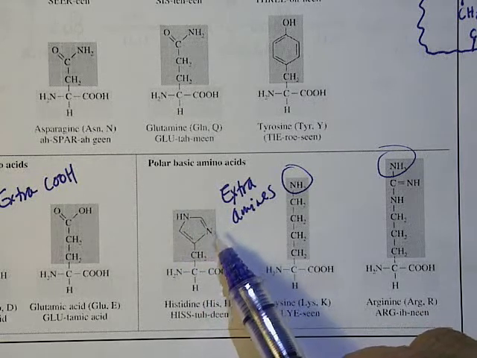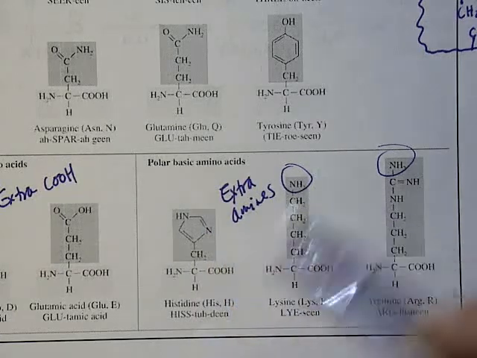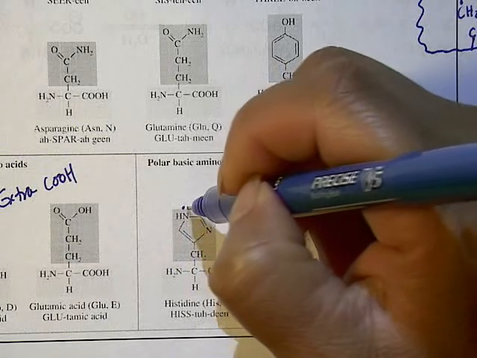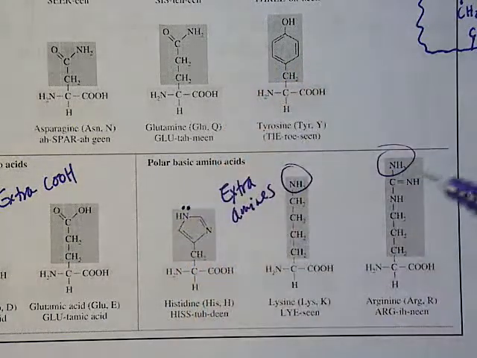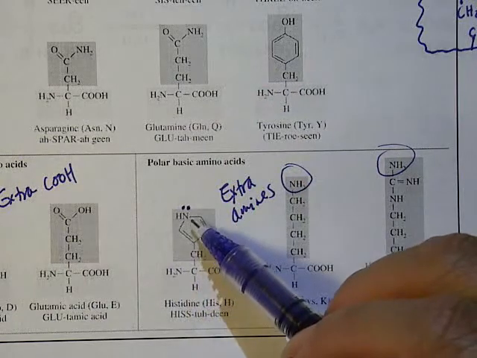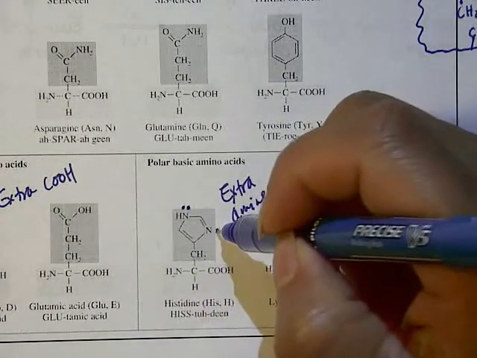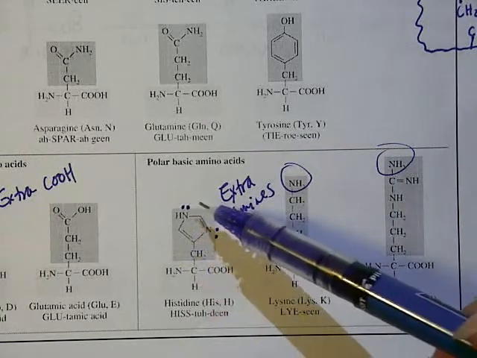And in order for it to do that, because this only has 4 pi electrons, one of the lone pair electrons has to participate in the ring in order to be aromatic, which this ring is. So one of the nitrogen lone pairs participates in that, and the other lone pair is available to act as a base.